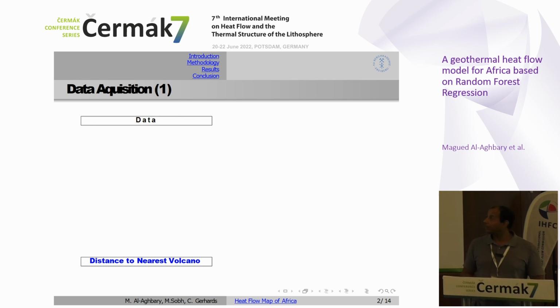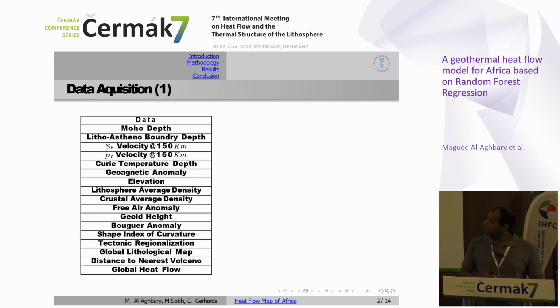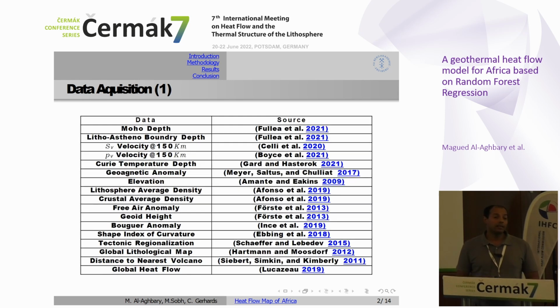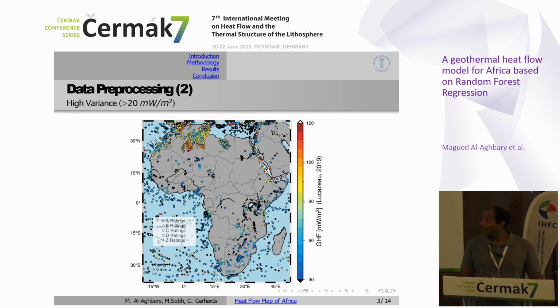We have tried as best as we can to use regional models instead of global models, and to use the most acceptable and widely used recent datasets. I have already mentioned that we have those data on Africa. However, we didn't use all of those data.